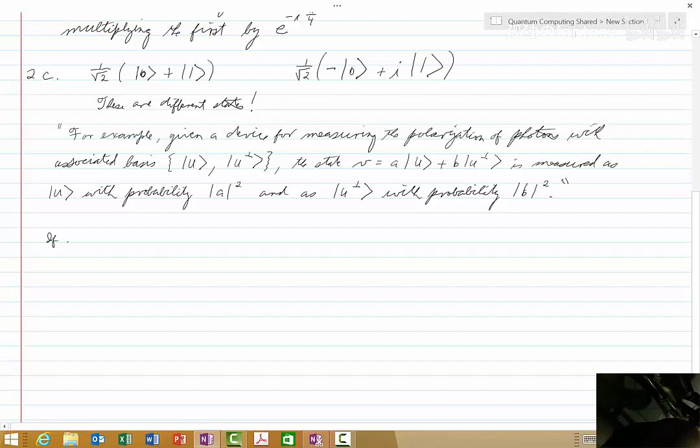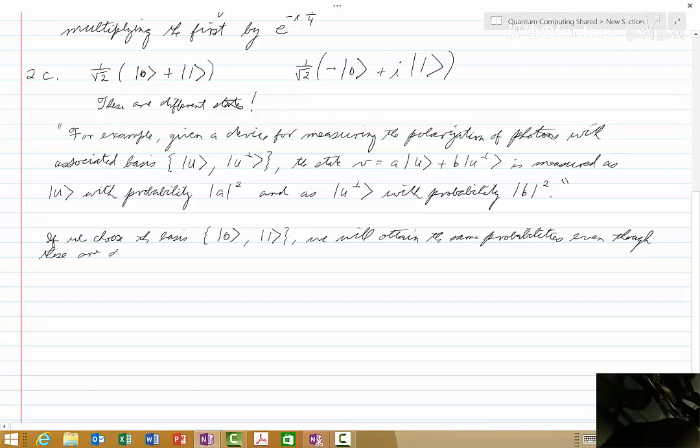I'll say if we choose the basis 0, 1, we will obtain the same probabilities even though these are different states.